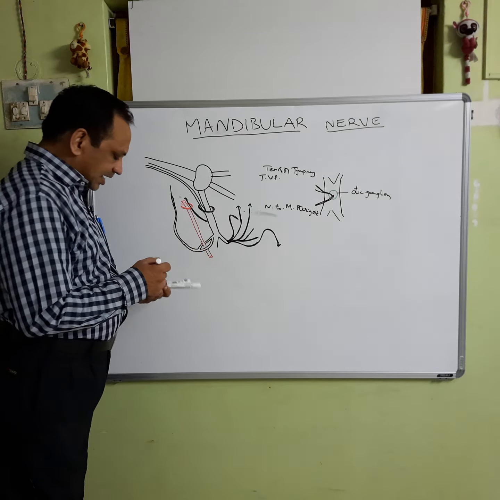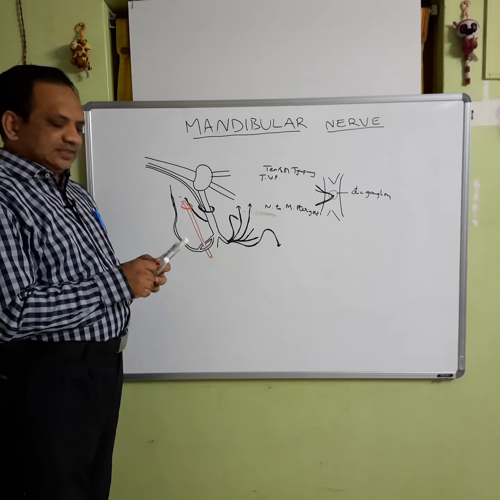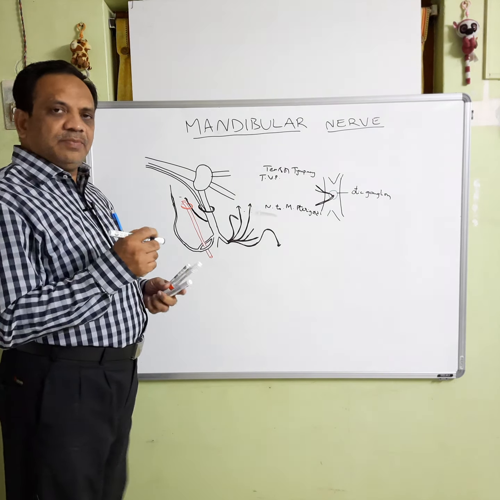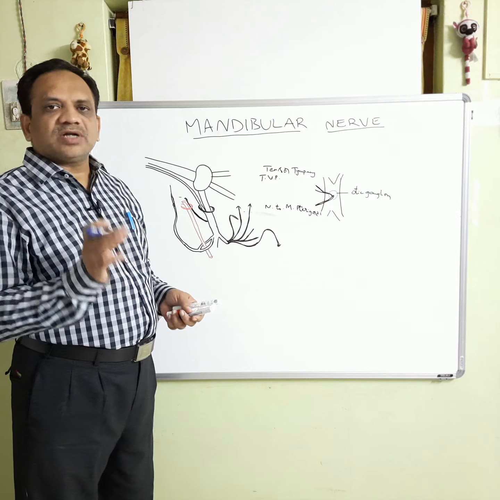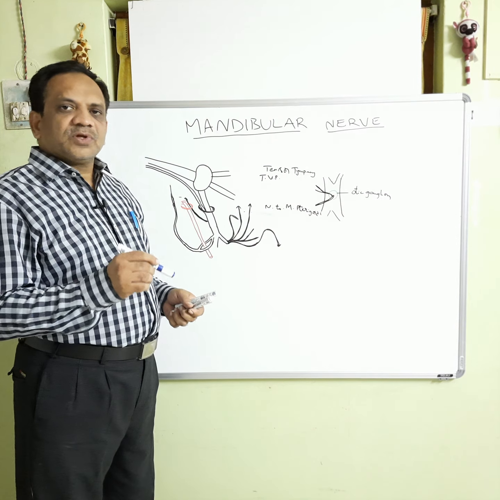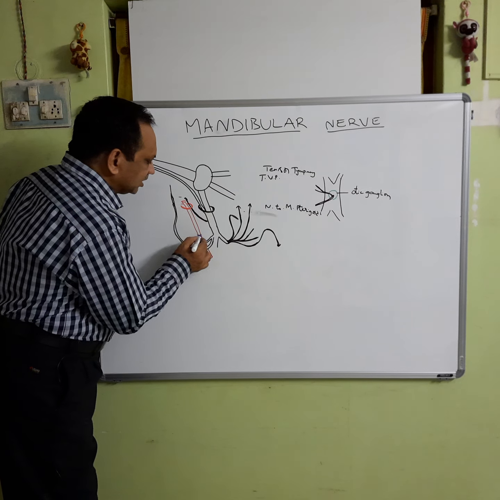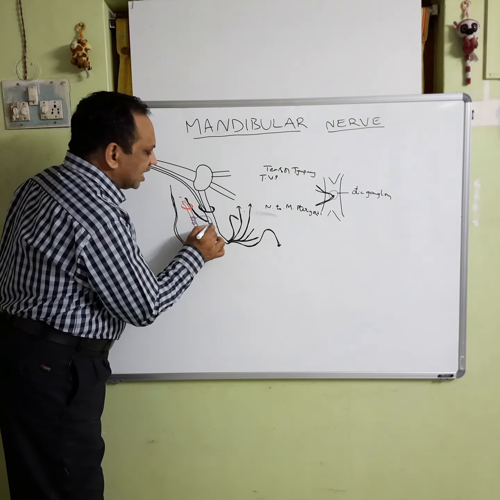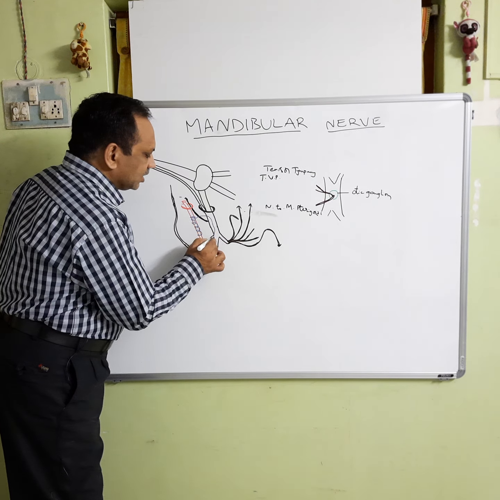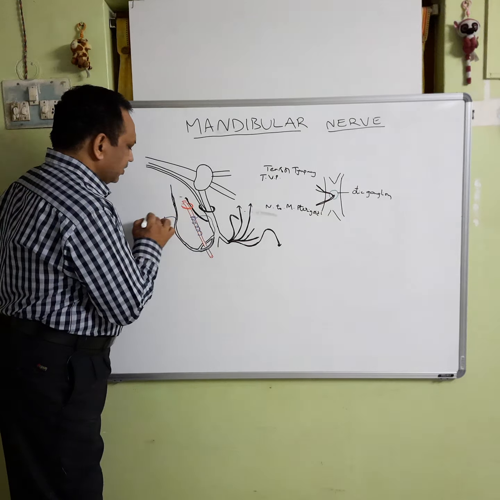Also they carry fibers which are sympathetic in nature, the postganglionic sympathetic, that is the vasomotor fibers from the superior cervical ganglion, which pass around the middle meningeal artery. They pass through the otic ganglion without any relay, then go through the auriculotemporal nerve to reach the parotid gland.